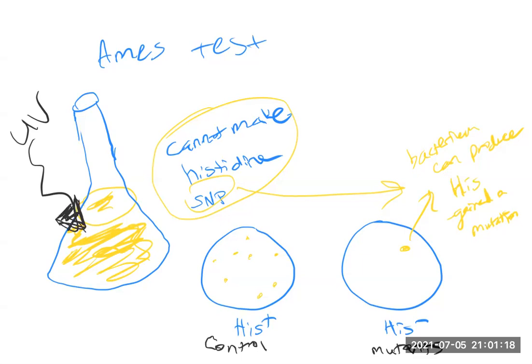And of course, we also need to isolate these colonies. We need to study them. We need to look at this and see what the genetic difference is, and if this is heritable, if this is just a fluke. But this is how we still go forward in testing new compounds, initially at least, to see if they might be of danger to humans. So again, that's the Ames test for mutagenicity.